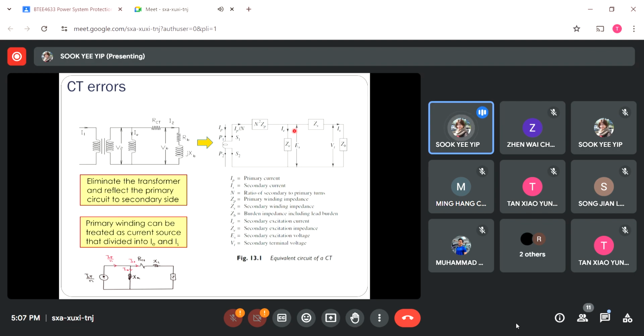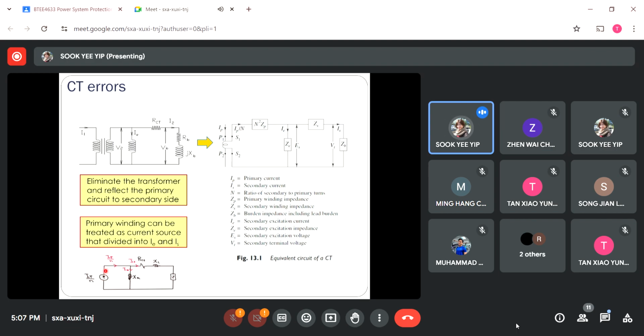So you will notice that this is ZE, which is the excitation impedance, where the magnetizing current IE, or I have it as IMs, flows here. This is where the secondary current flows through all the burdens placed at the secondary side. So right now, the primary side consists of a current source.